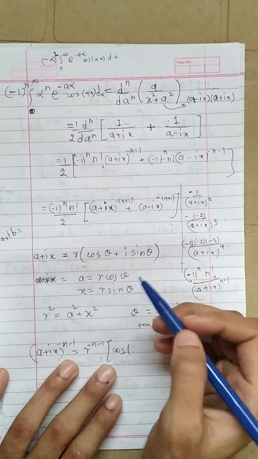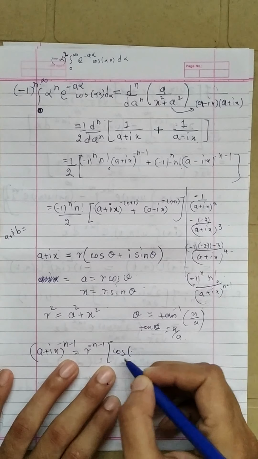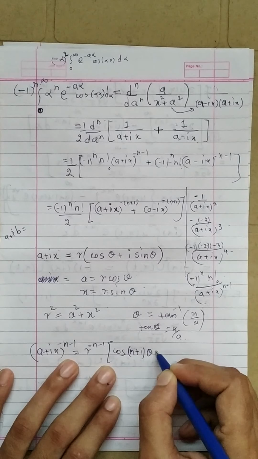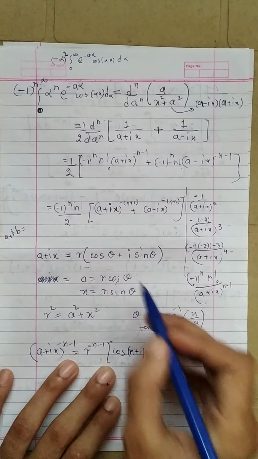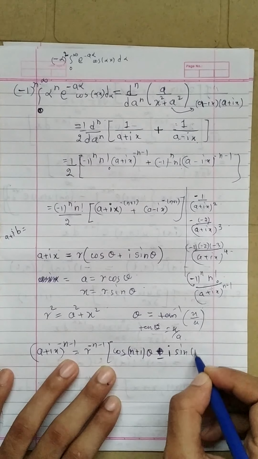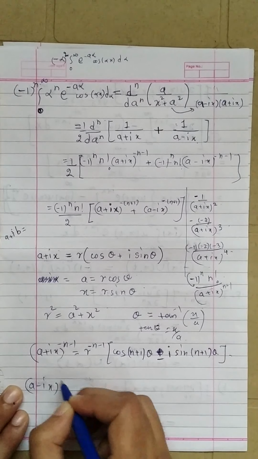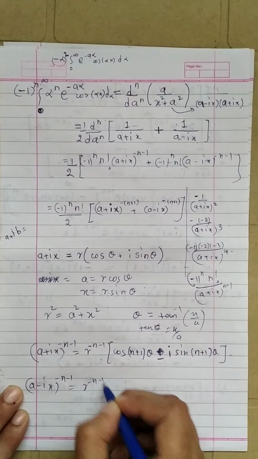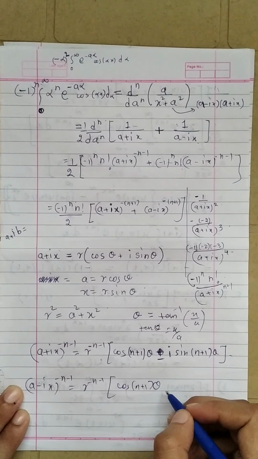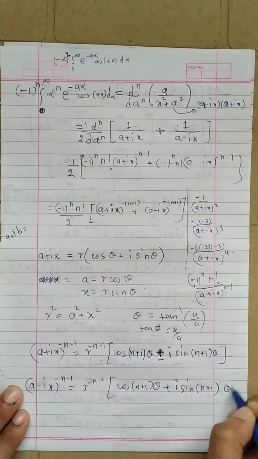I can take that angle easily inside. You all have seen this already. So it will be minus of n plus 1, but cos of minus theta is cos theta, so it will be n plus 1 theta, plus I times sine of minus, so it will be minus sine theta. So minus I times sine of n plus 1 theta. And (a minus ix) raised to minus n minus 1 will be this cos of n plus 1 theta minus I times sine of minus, it will become plus sine of n plus 1 theta.